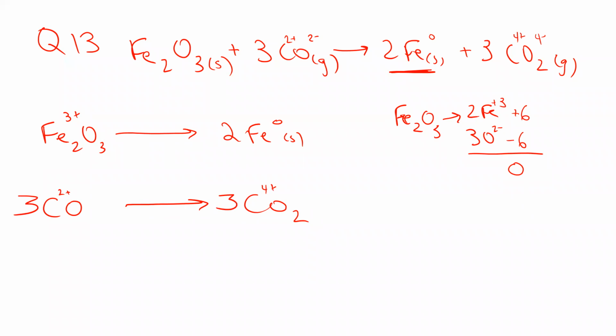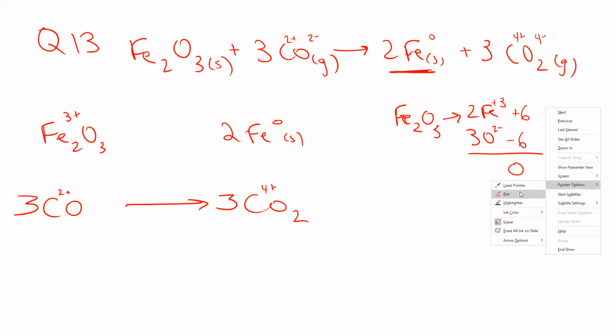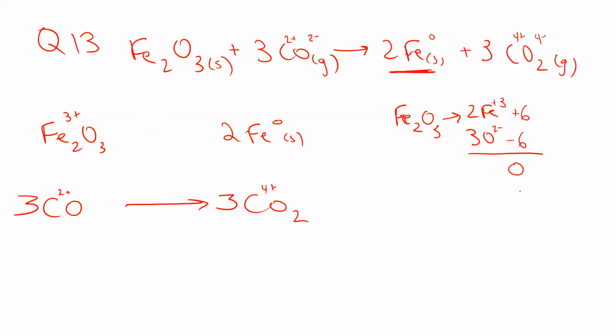So how do I balance these reactions out? What's happening to the iron when it goes to iron 0? Yeah, it's gaining electrons, a total of 6 electrons, because each iron goes from 3+ to 0, and I've got 2 irons.